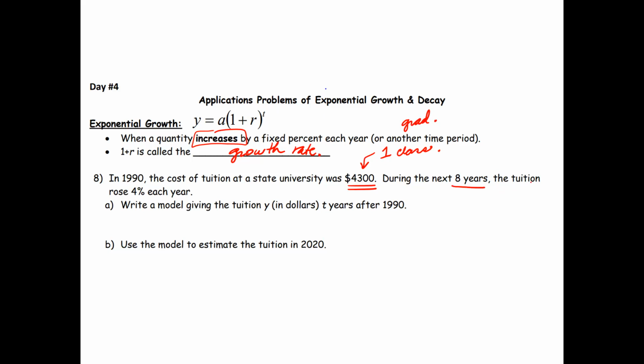During the next 8 years, the tuition increased 4% each year, and it's still increasing every single year. So A, write a model giving the tuition Y in dollars, T years after 1990.